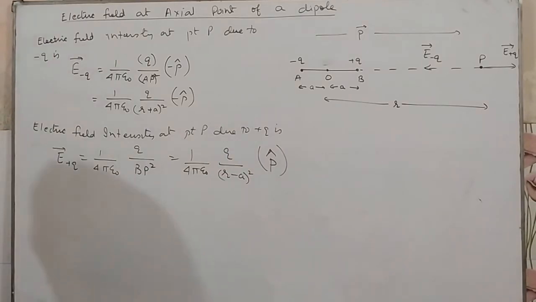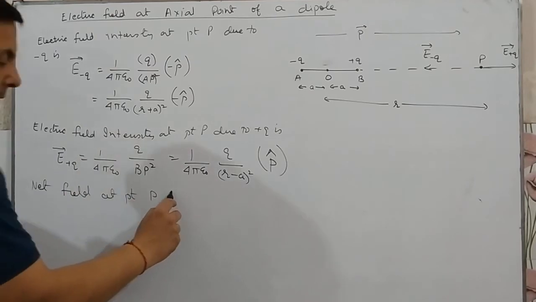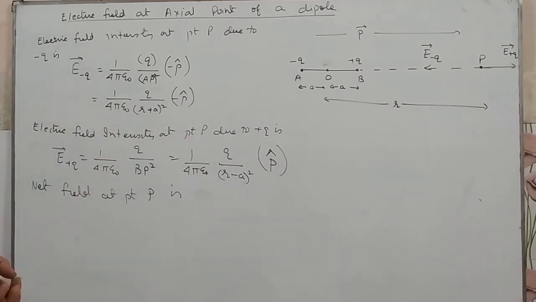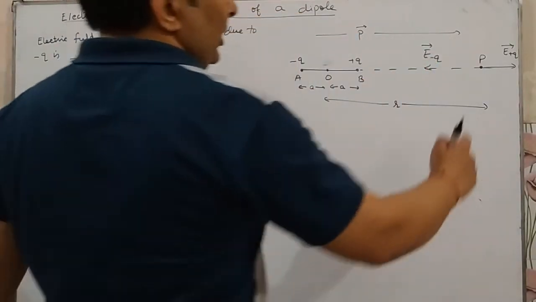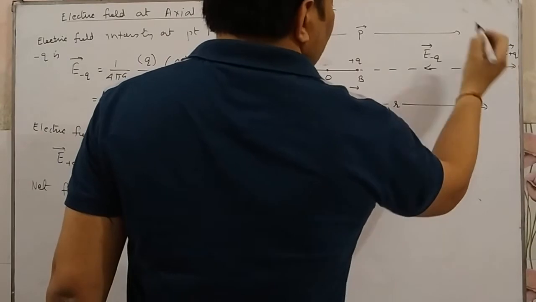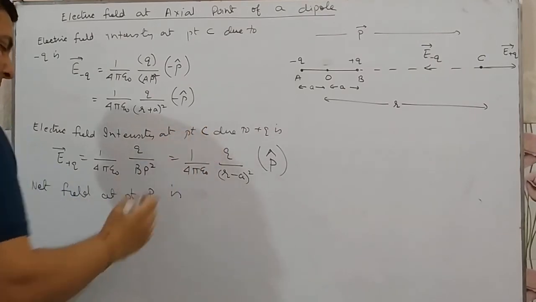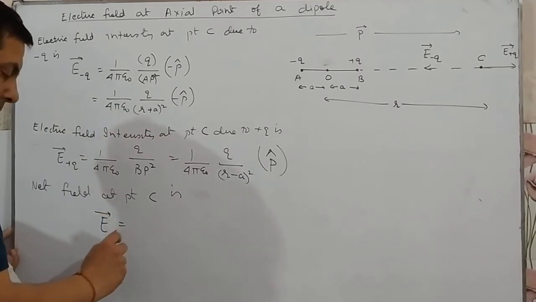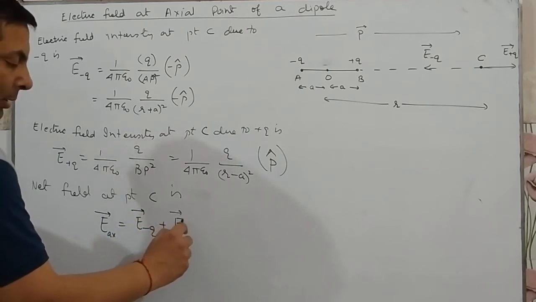Okay. So we need to find the net electric field at point P. If you are getting confused between this P and that P, you can name it as some other point, say point C. Here also you can write point C. So the net electric field at point C is E equals E minus q plus E plus q.